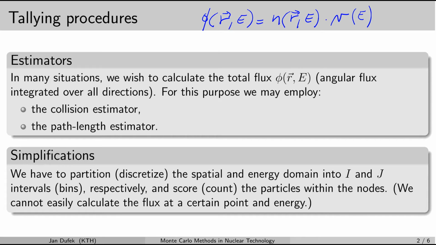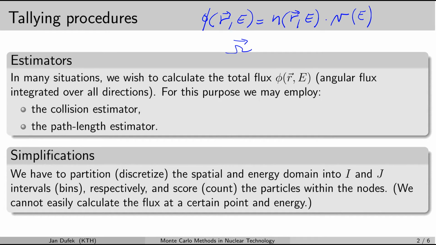You may know that another quantity exists, called the angular neutron flux, which also depends on the direction, the omega vector. We are practically never interested in the angular flux in terms of the results of the Monte Carlo simulation. The angular flux is commonly used in order to solve the deterministic transport equation.